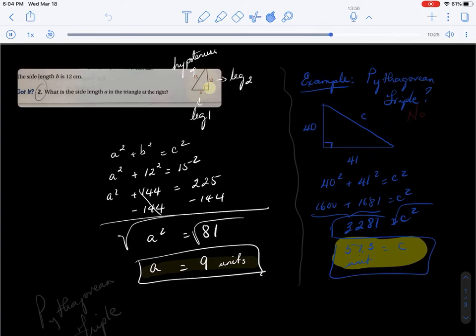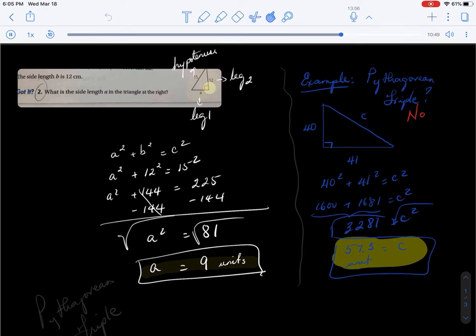In order for this to be a Pythagorean triple, all three numbers, the hypotenuse and the two legs, need to be non-zero whole numbers. Okay, they cannot be decimals, cannot be fractions. They need to be non-zero whole numbers.